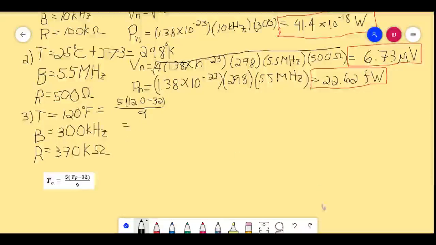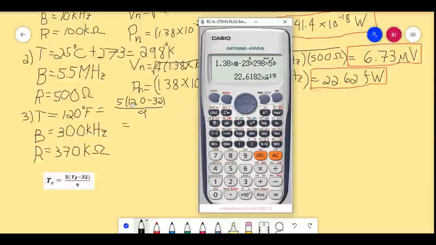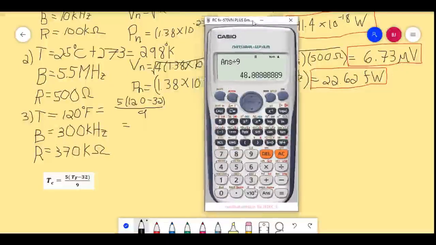And that would be equal to, so we subtract first 120 minus 32. We have 88 multiplied by 5, divided by 9. So 48.8888, so 48.89 rather. So let's write it down.